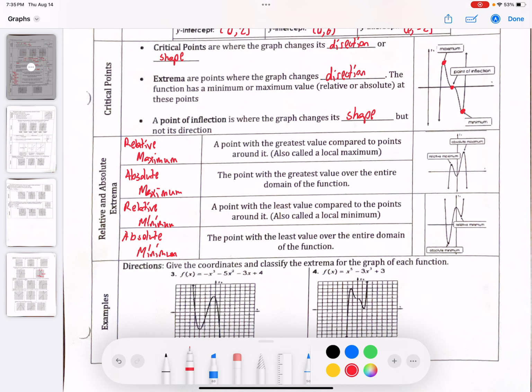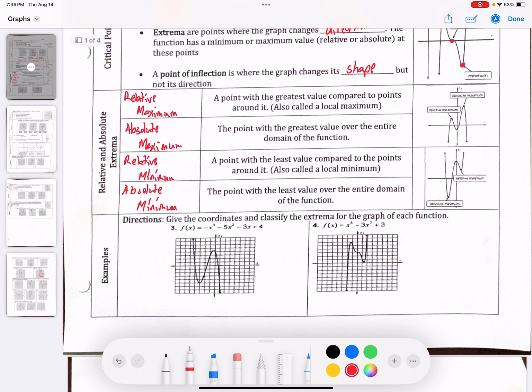So notice in our diagrams over here that, let's look at some examples and then we'll go back to that. So with number 3 on our example here, we've got a minimum here. So that's a relative minimum. Okay, and I'm going to show you the difference between a relative and an absolute in just a minute.